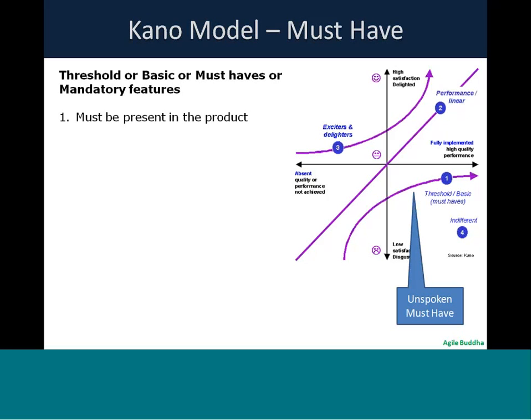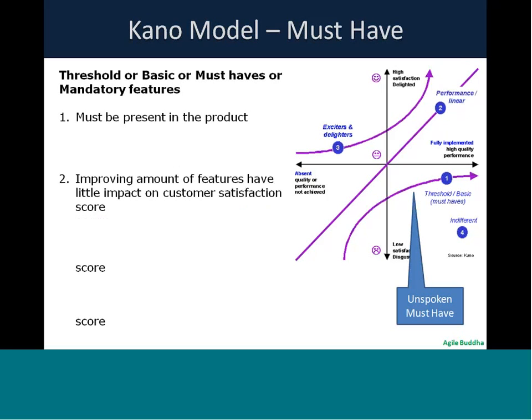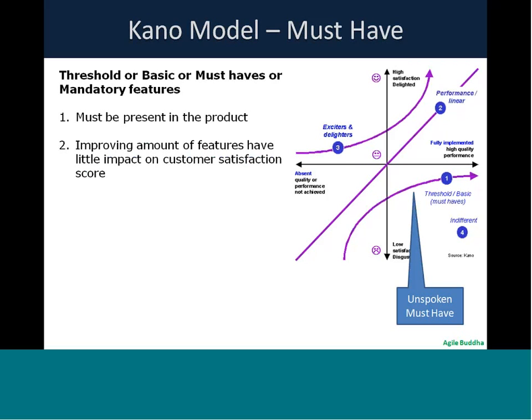He assumes that it's part of the product. If you see this interesting graph, improving the amount of features has little impact on customer satisfaction. It hits a plateau after some time. But if you don't provide must-haves, it will create dissatisfaction among the customers very soon.